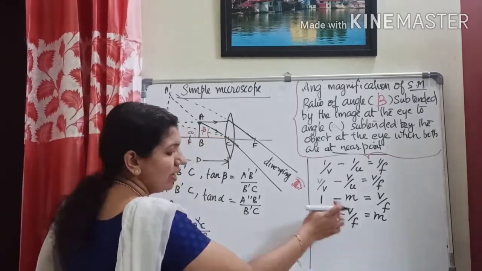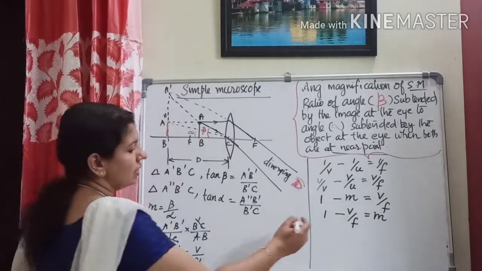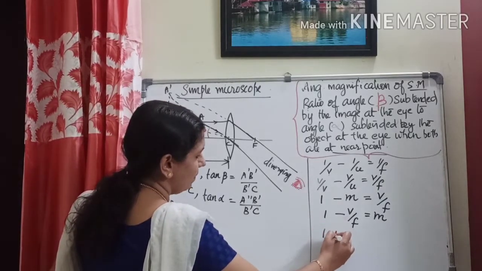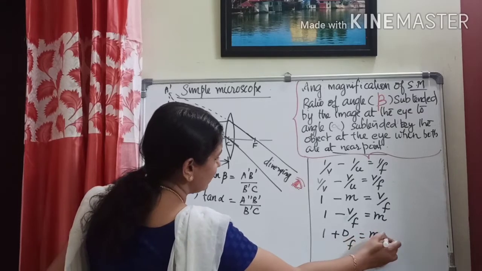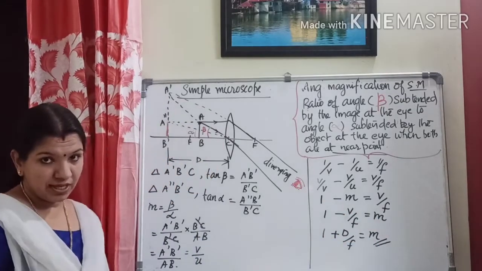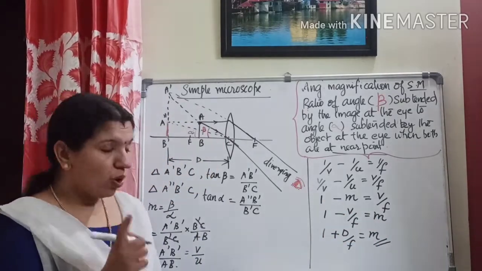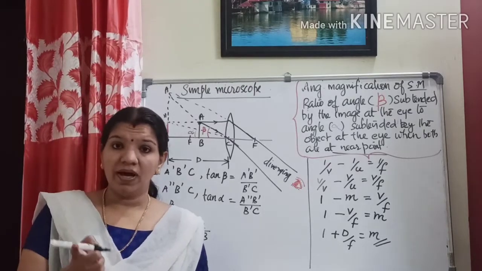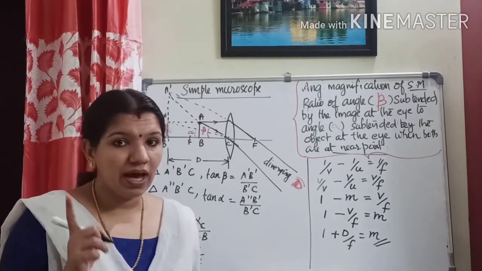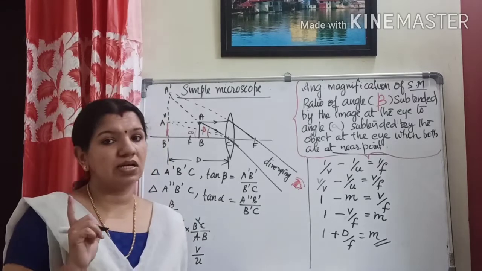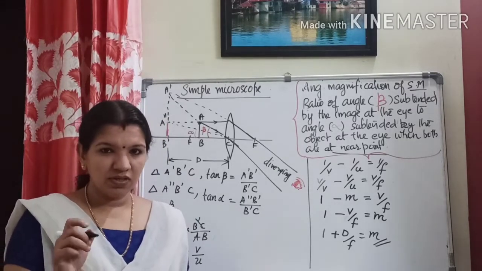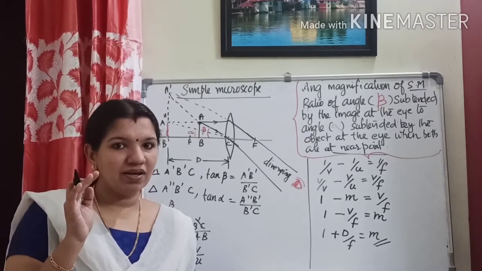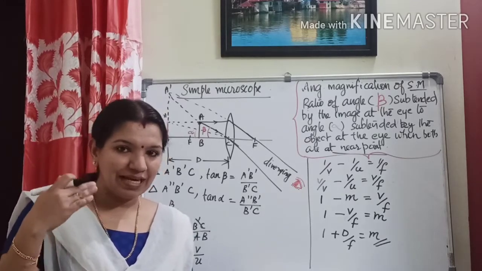So you have to apply minus D, that is 1 plus D by F. So this is the expression for magnification. Understand? For a simple microscope, when the image is formed at the least distance of distinct vision. Clear? Small confusions will be there. By studying it will get cleared.